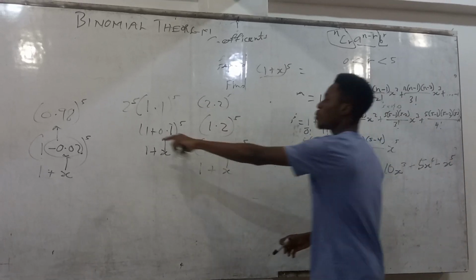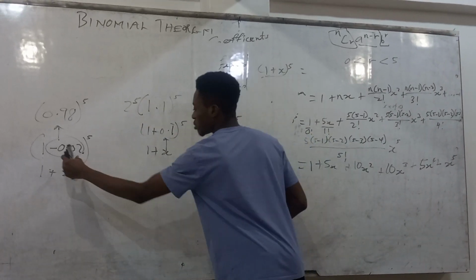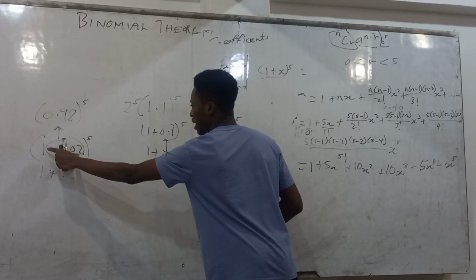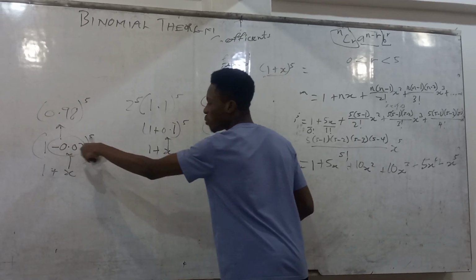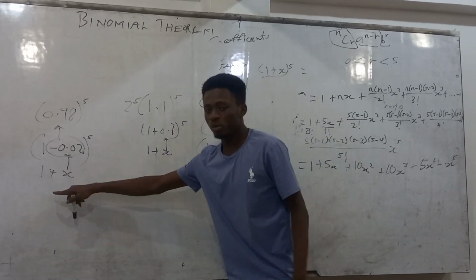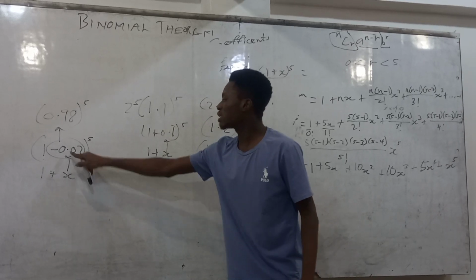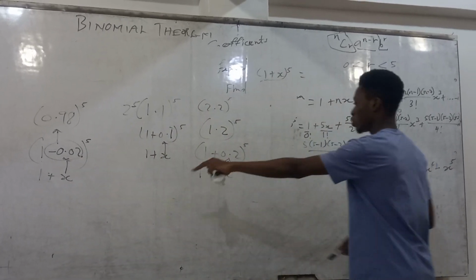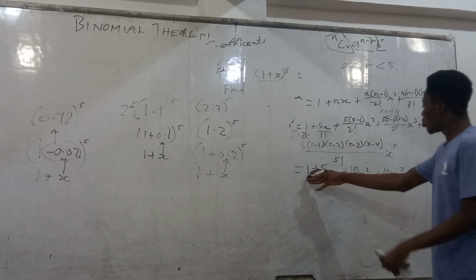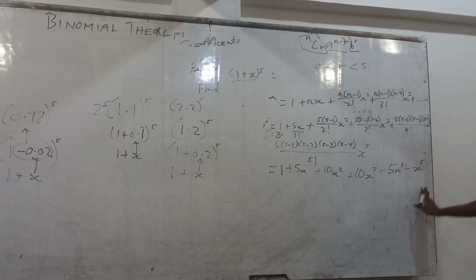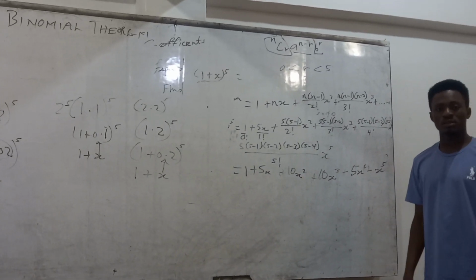And if it is 0.98, you just split 0.98 into 1 minus 0.02 and you compare. So the x becomes minus 0.02. Then you insert it into the equation and find the answer.